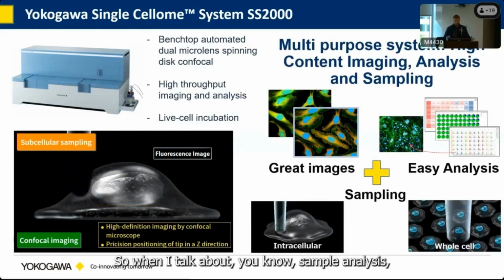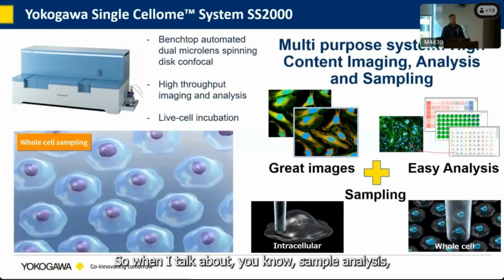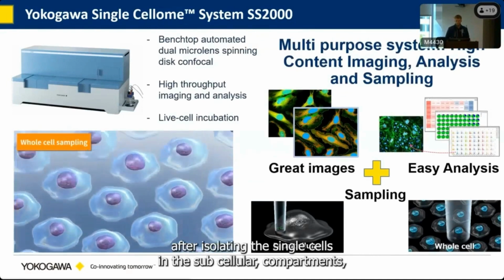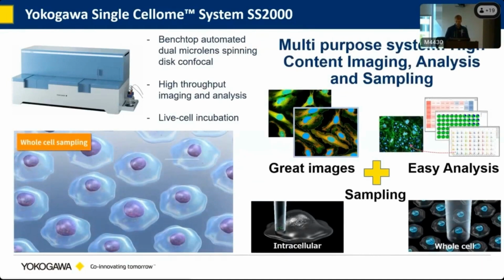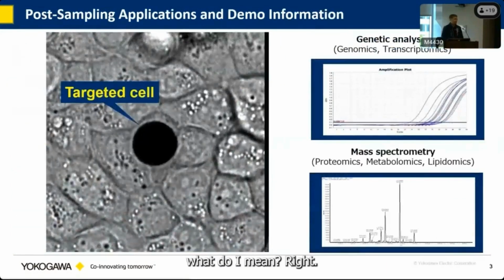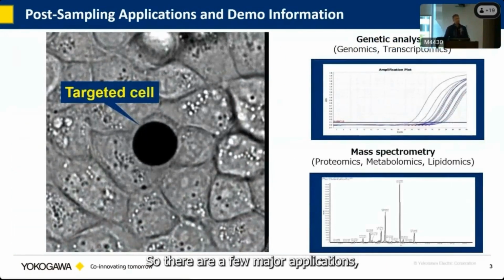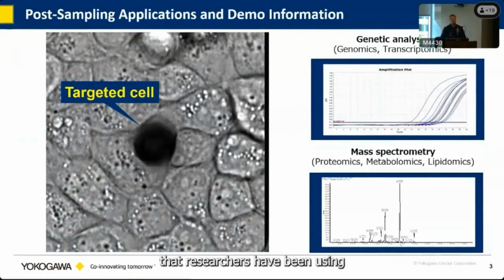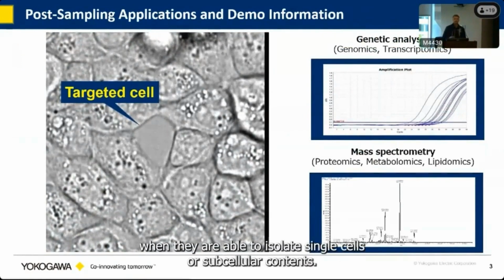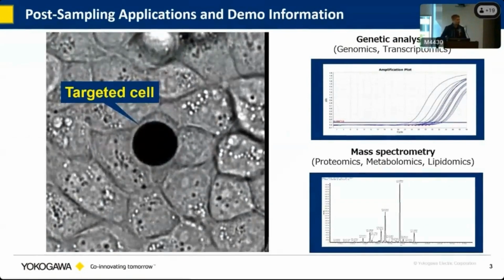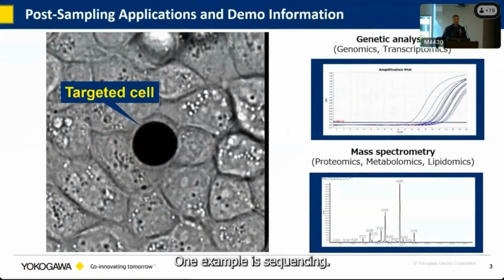So when I talk about sample analysis after isolating the single cells and subcellular compartments, what do I mean, right? There are a few major applications that researchers have been using when they are able to isolate single cells or subcellular contents. One example is sequencing.